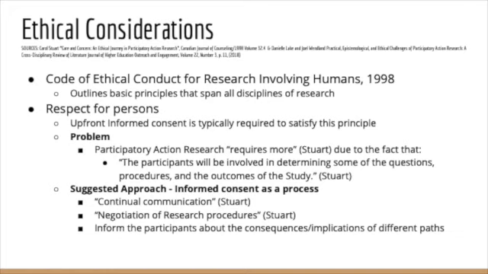Well, Carol Stewart in her article Care and Concern, An Ethical Journey in Participatory Action Research, published in 1998, suggests that the informed consent should be a continual process where researchers are constantly updating participants about the consequences and implications of the differing paths the research may take.